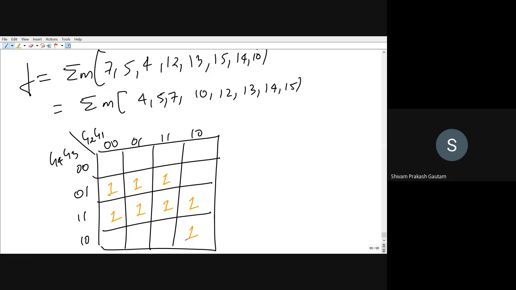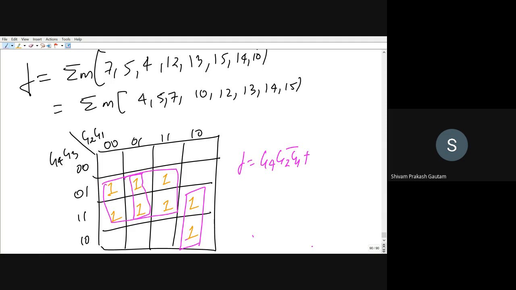Last cell, yes. So you can do the grouping here and write the minterms. Here it will be minterms of G4, G2, G1 bar plus... Now see the grouping. How will you do it? You can take this as one quad, and then take this as another quad.